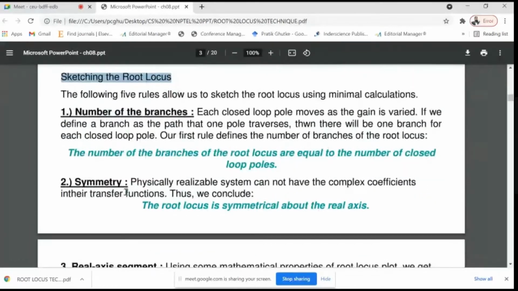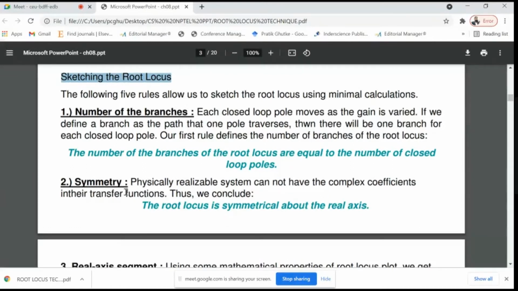First rule is number of branches. So what are these branches? Each closed loop pole moves as the gain is varied. If we define the branch as a path that one pole travels through, there will be a branch for each closed loop pole.